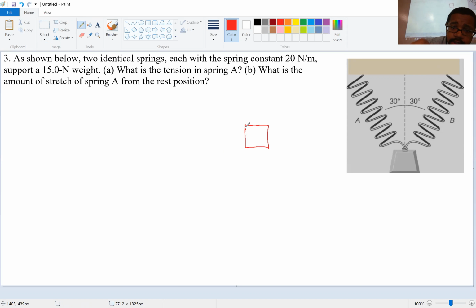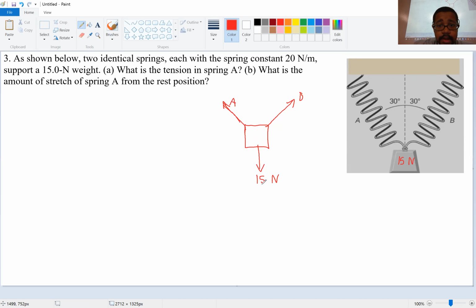So we'll just call this force A or spring A, and then force B for spring B. And then here we've got 15 newtons. So I don't even have to write the mass times G thing because it's already worked out for me. 15 newtons, bless you.